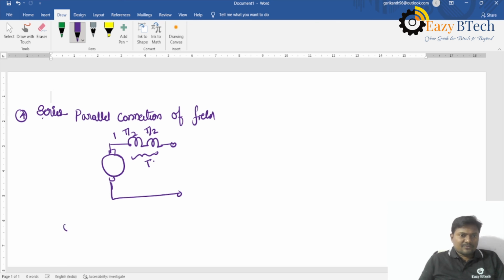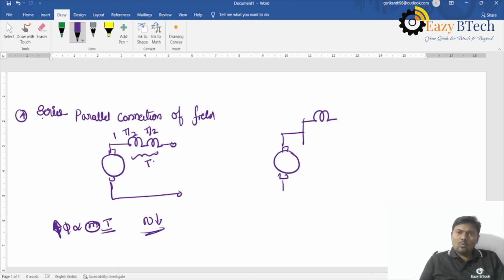The mmf is full, flux is directly proportional to the total number of turns, and the flux is high, so the speed will be less. And the same turns are connected in parallel to one another.